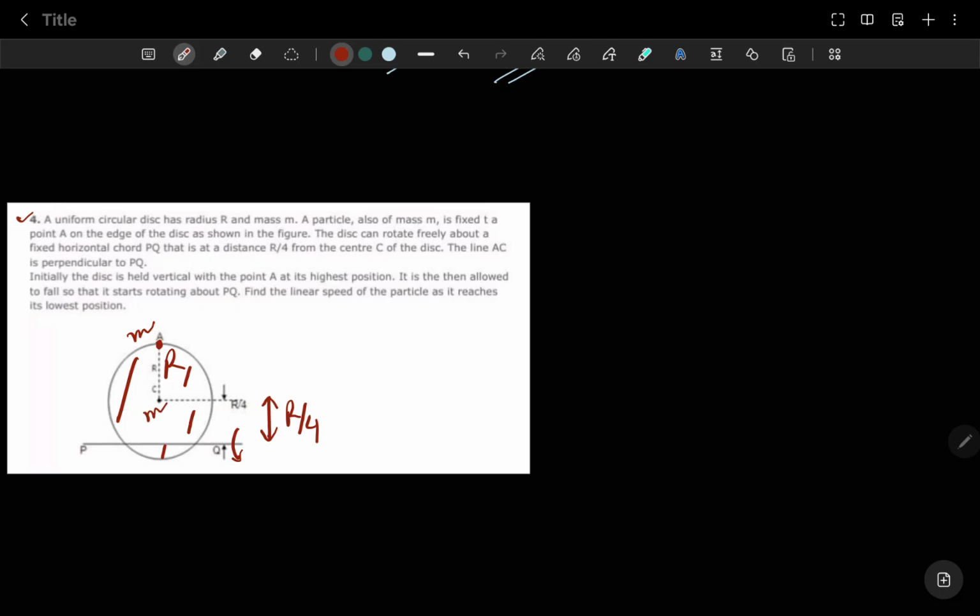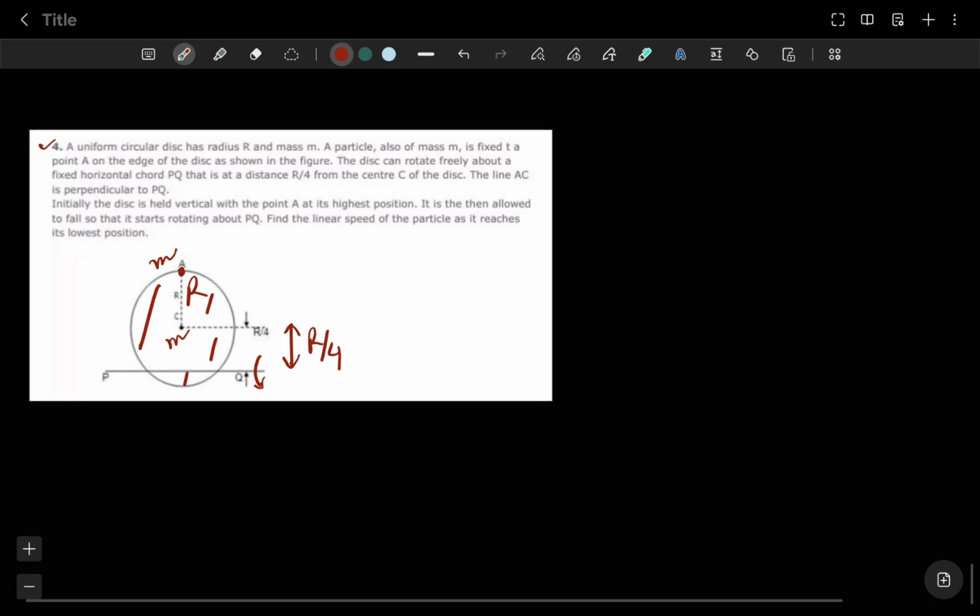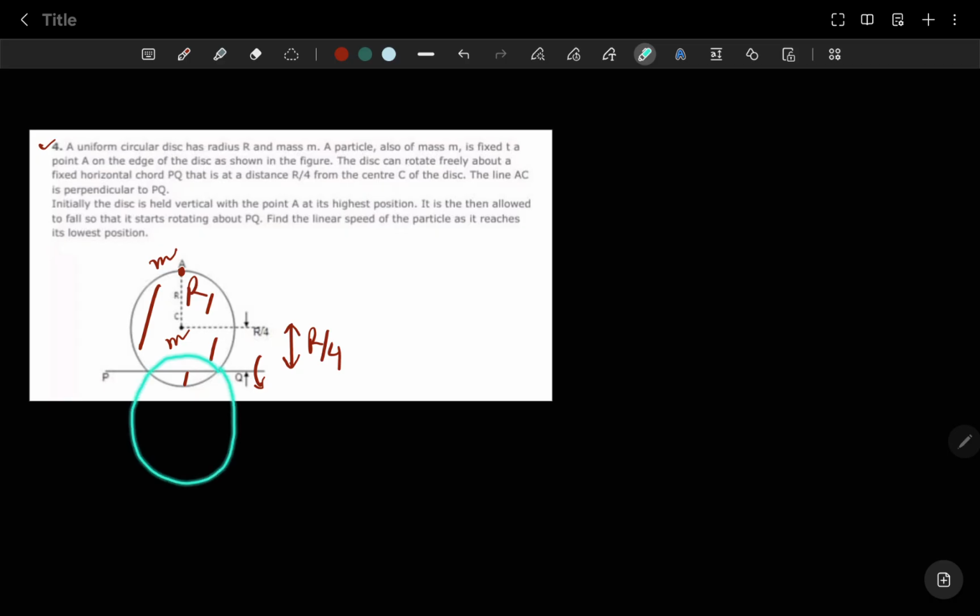Okay, m equal. So when this particle and the disk rotate, we can understand that as the disk rotates, it will be like this. After a 180-degree rotation, it will be like this, isn't it?